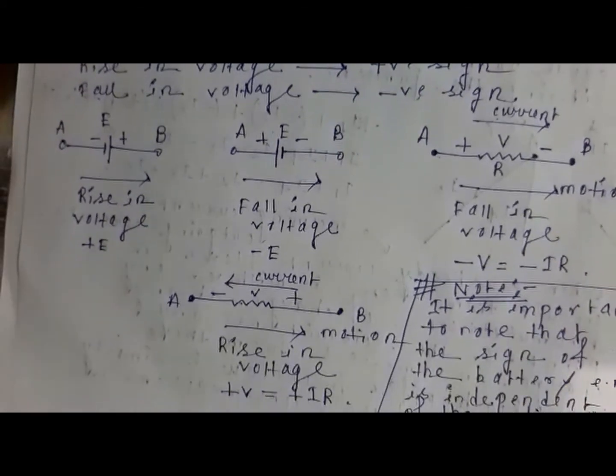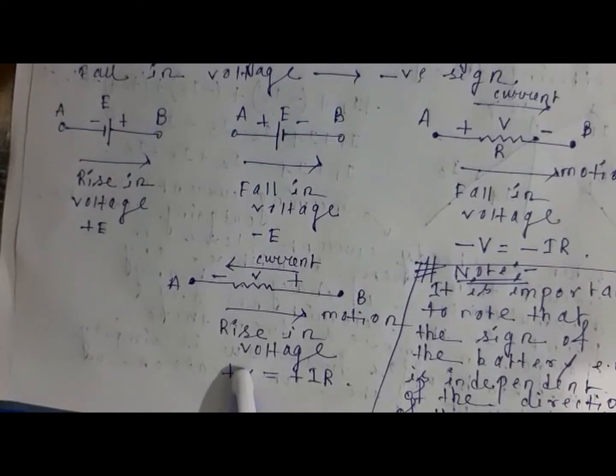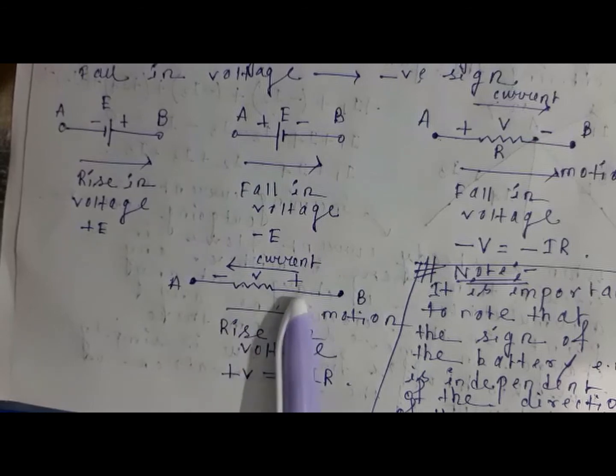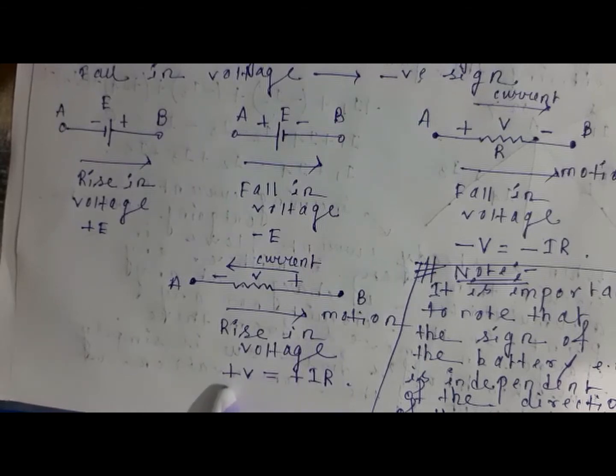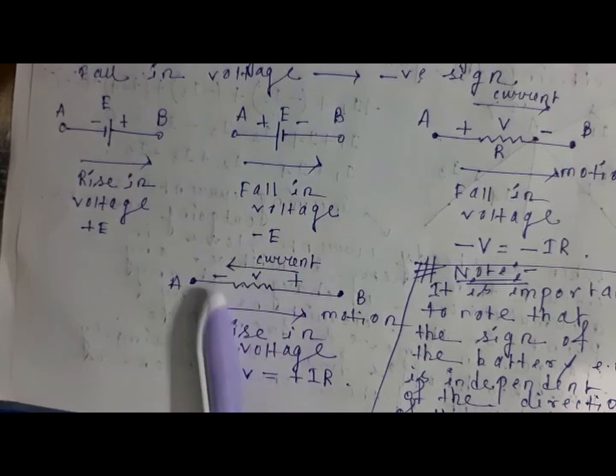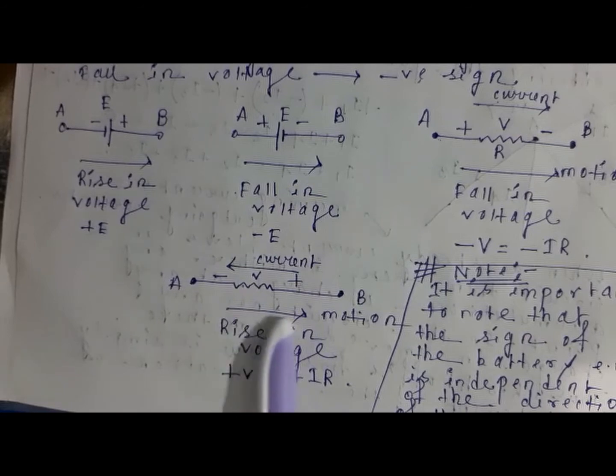Now for this, this is my rise in voltage, my negative to positive. So here we have a rise in voltage, so we will give a positive sign, but we have to see that our direction of current is in this direction, because here we have positive and here negative, and our direction of motion is in this direction.